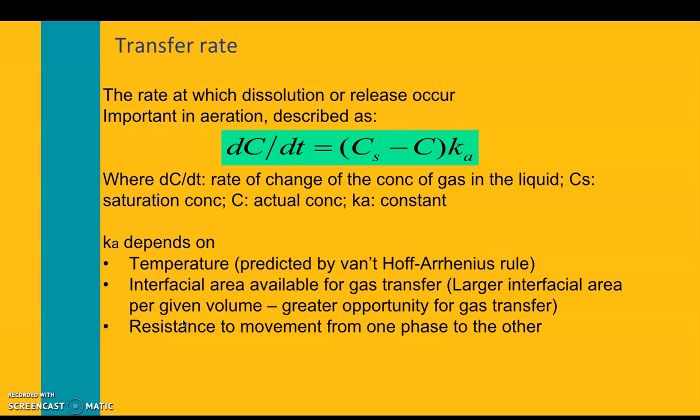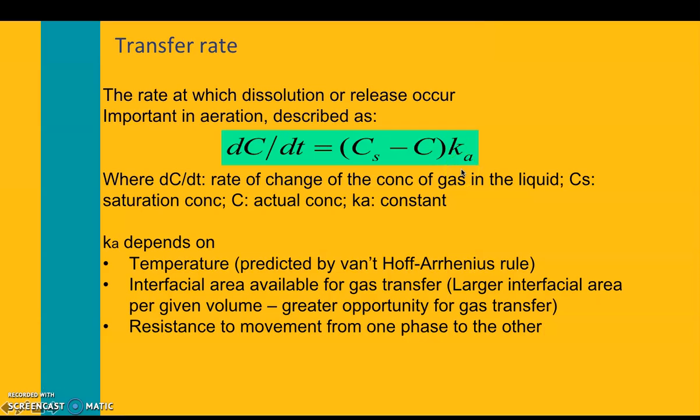The second term that is important to characterize gas transfer in water is the transfer rate. This transfer rate is very important in aeration. Later you will see this again in purification through an endemic system in the next chapter. Based on the equation written here, the transfer rate can be described as the change of concentration over time, which equals Cs minus C times Ka.